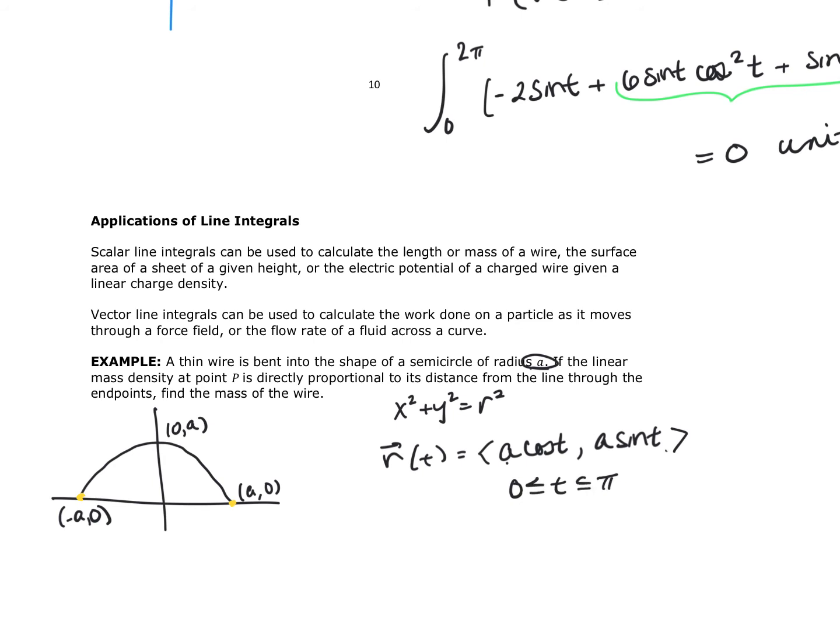Now, if the linear mass density at point P is directly proportional to its distance from the line through the endpoints, well, here's the line through the endpoints. It's the x-axis. This is the distance. It's y on the xy plane.